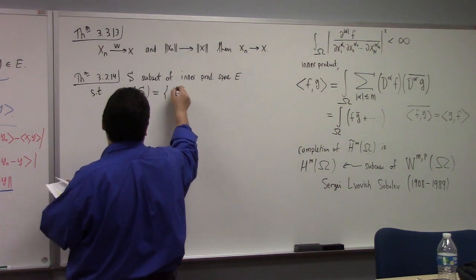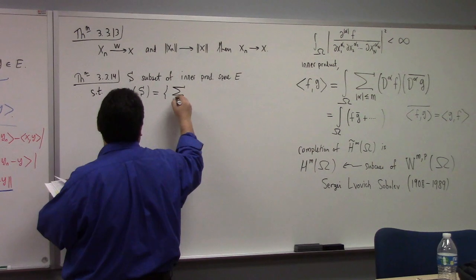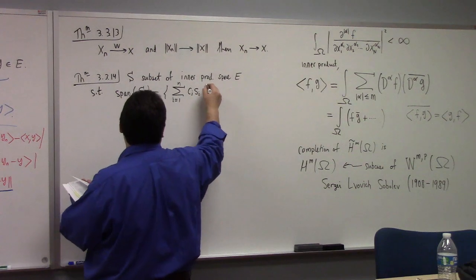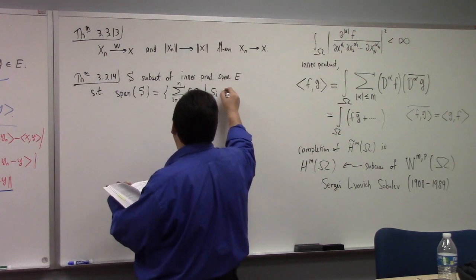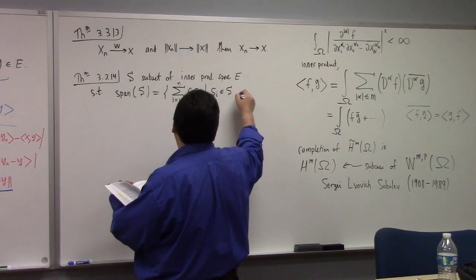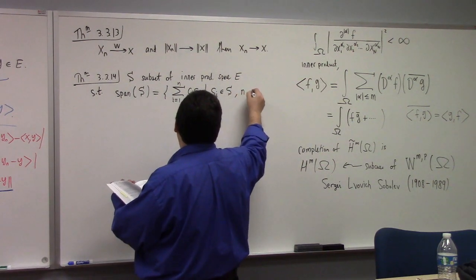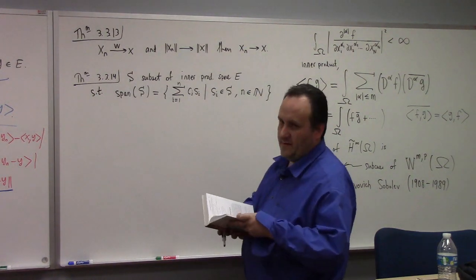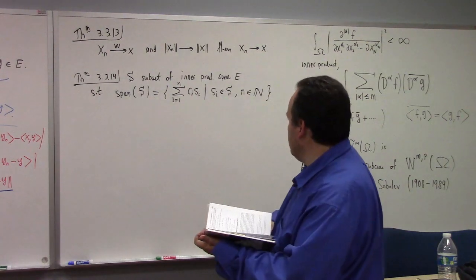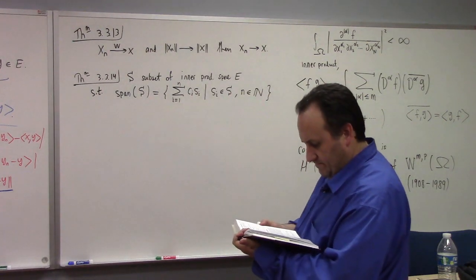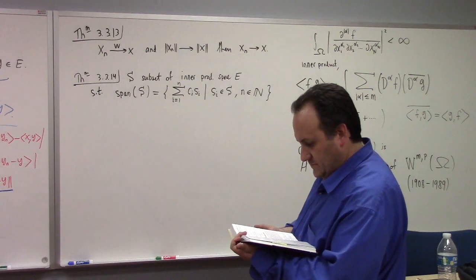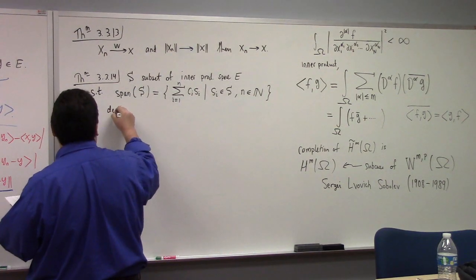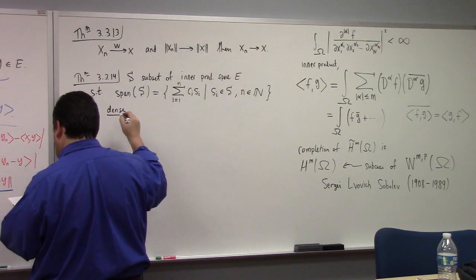It's the sum from i equals 1 to n of ci si, such that si is an element of S and n is a natural number. So it's all possible finite linear combinations of elements of S.